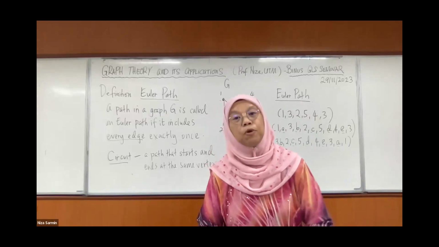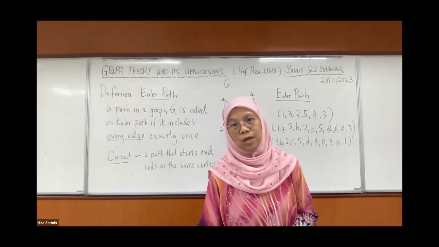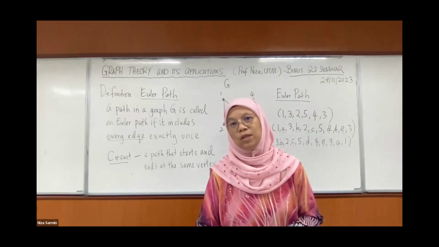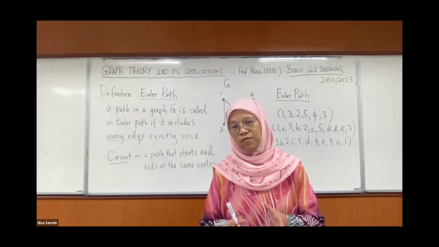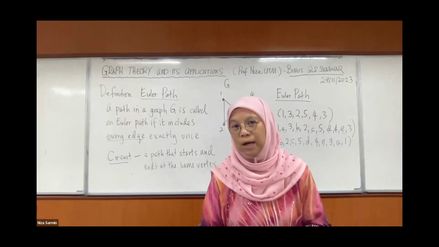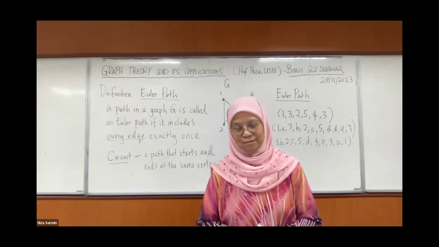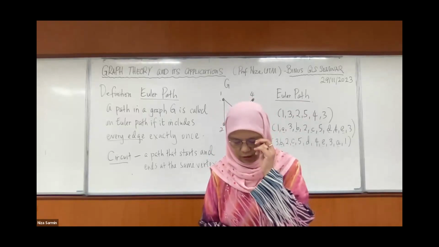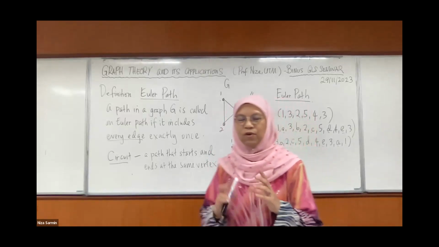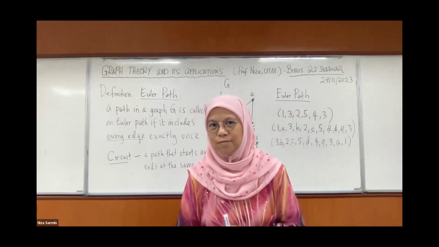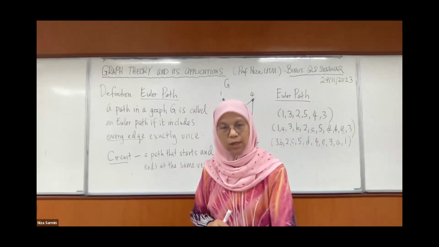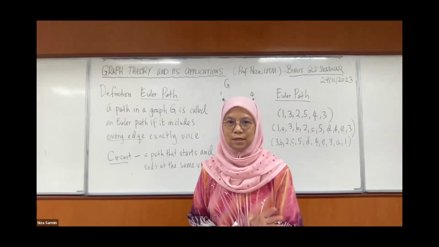There are some properties to decide whether in a graph there's an Euler path or Euler circuit. One thing is, if every vertex has odd degree, there is no Euler circuit.